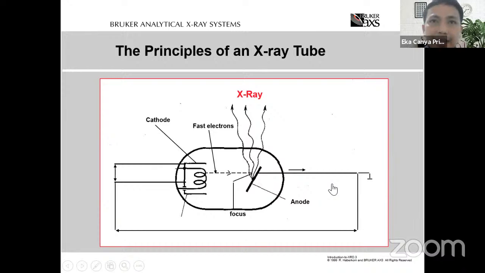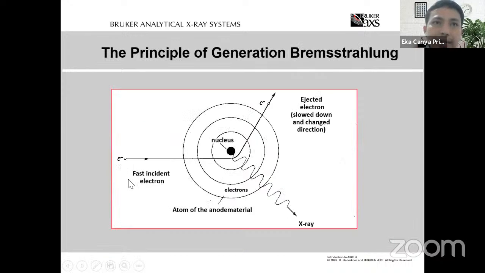As we know, we apply a high voltage, so electrons with high energy hit the anode and scatter the X-ray. This is the condition that happens when an electron collides with the nucleus at high speed, a fast incident electron, and the electron also scatters. The scattered electron receives energy from the nucleus, and it releases X-ray energy, like a collision.